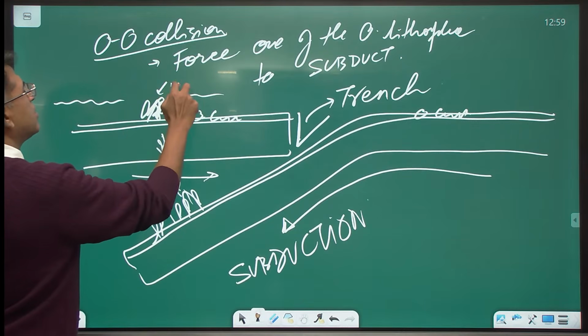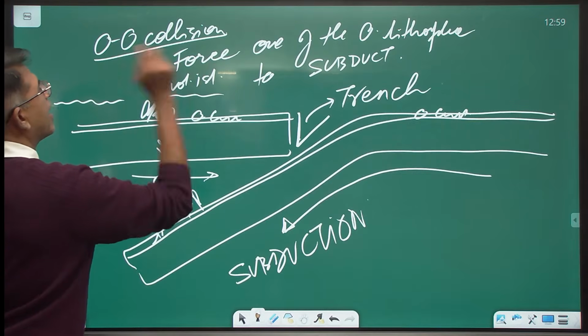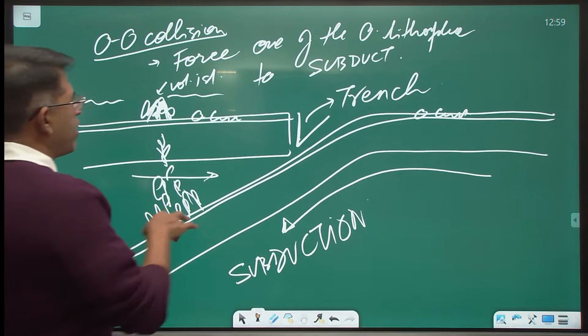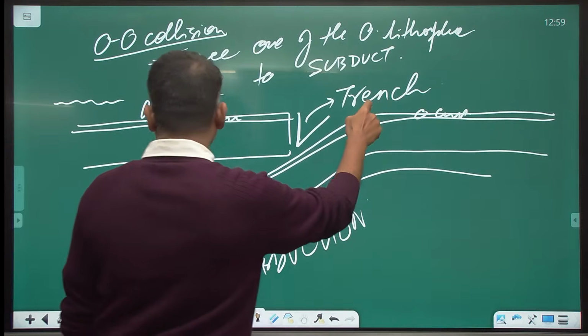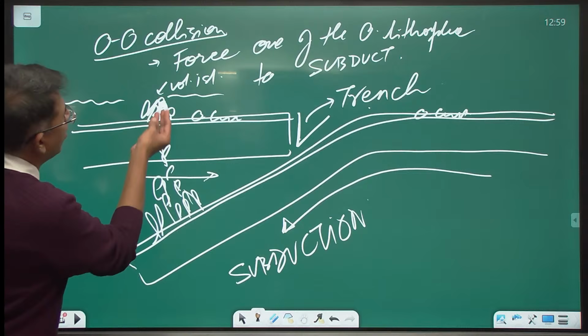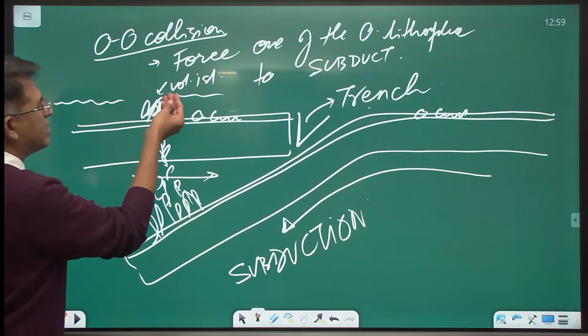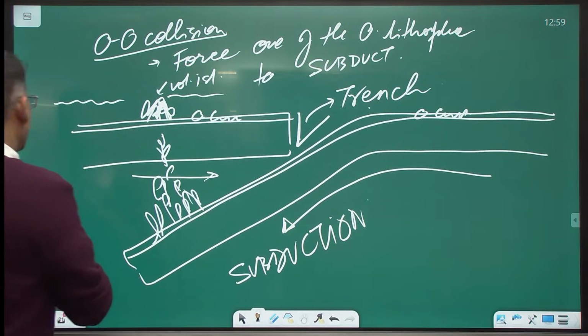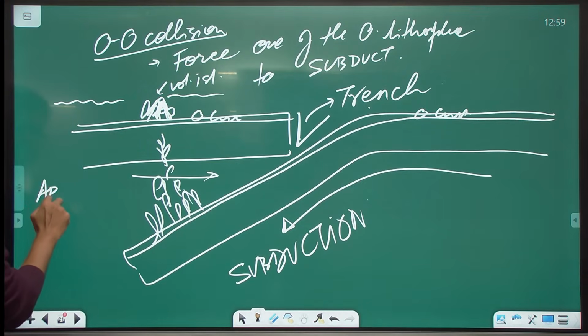So this is a volcanic island. So when we have ocean collisions, there will be subduction. The subduction will create a gap called a trench, and the subducting slab will melt and form volcanic accumulations called volcanic islands. ऐसे islands को हम बोलते हैं archipelagos.